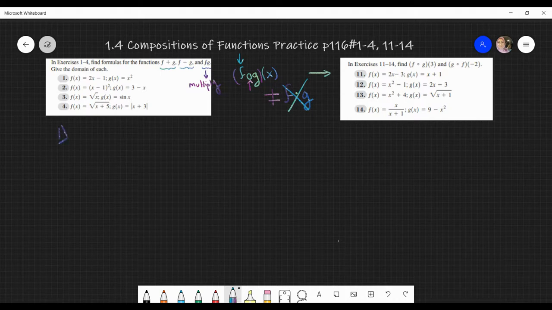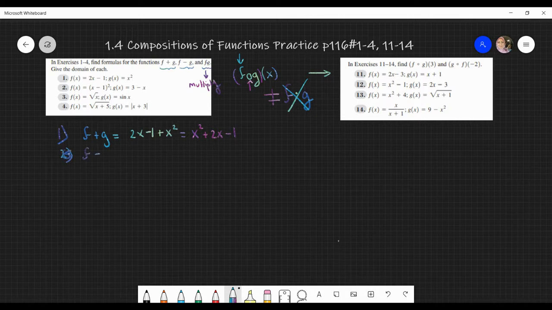So number one, we'll have three parts, f plus g, which simply means add those two functions. So 2x minus 1 plus x squared, done. I combine like terms. If there's any, there's none. It's best if I reorder in a standard format, ax squared plus bx plus c. This would be a quadratic function.